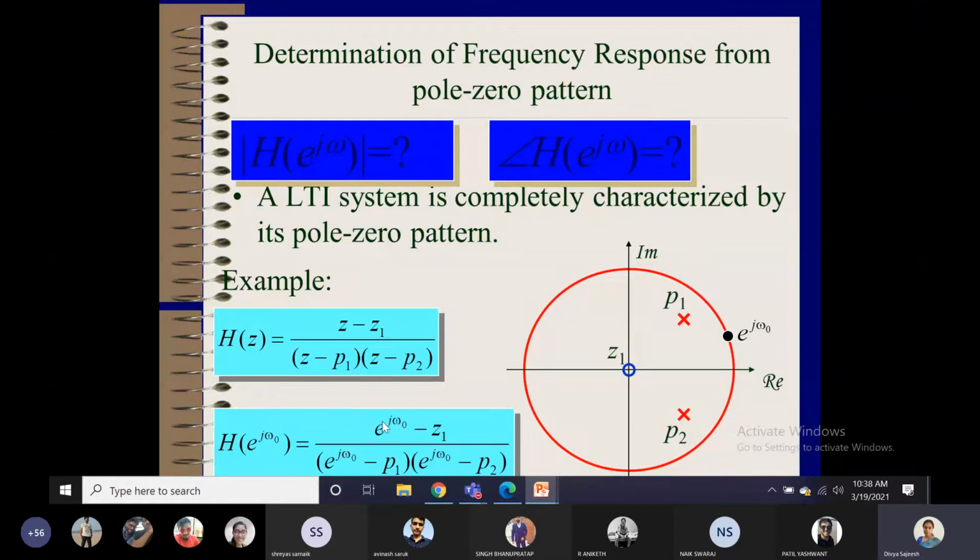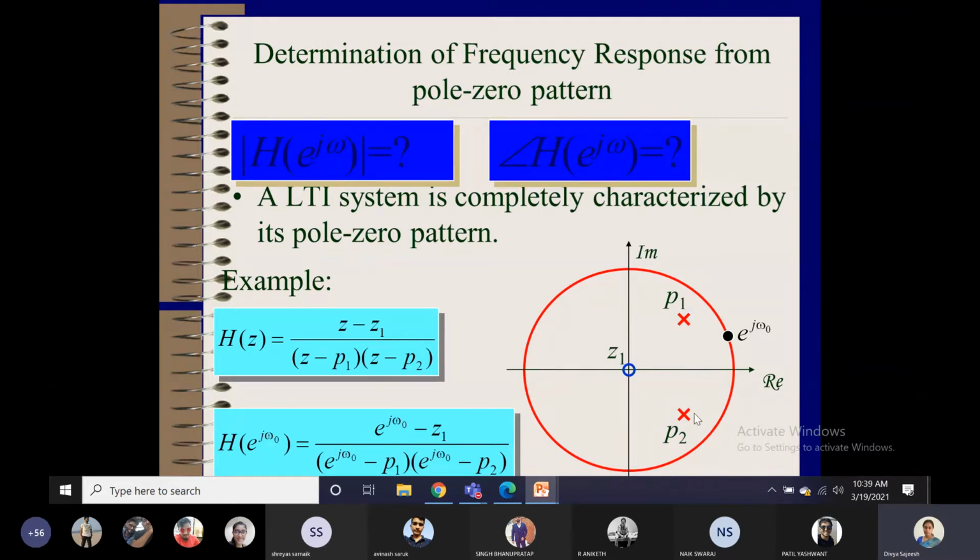This is a rational function in H of e raised to j omega, and it gives direct information about the poles and the zeros, not directly the phase response and the magnitude response. Now let us see, from the location of the poles and zeros, how to obtain the magnitude and the phase response. So let us plot the zeros and the poles. The zeros are at the origin, and the poles, let us take them, P1 and P2, are here.